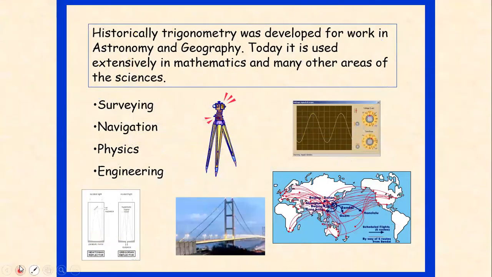Where do we apply trigonometry? People going into land surveying, navigation, physics, and engineering all use the ideas of trigonometry. Currently, it is also used in astronomy, where people study things like stars and things in space.